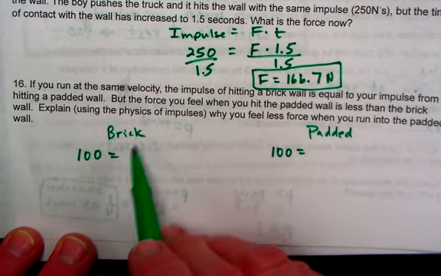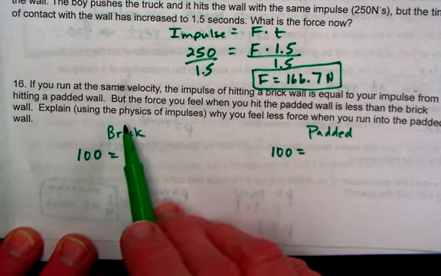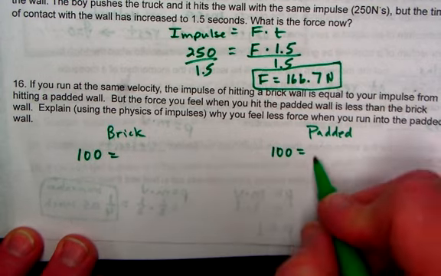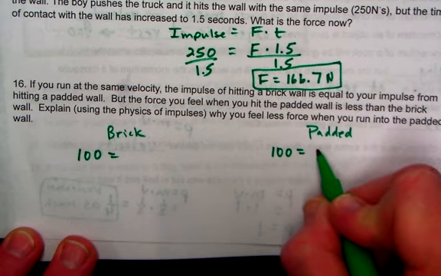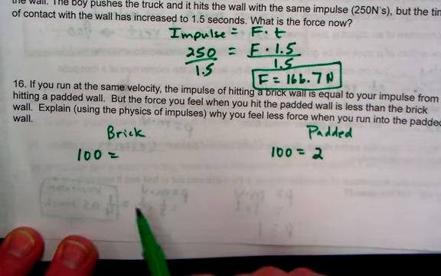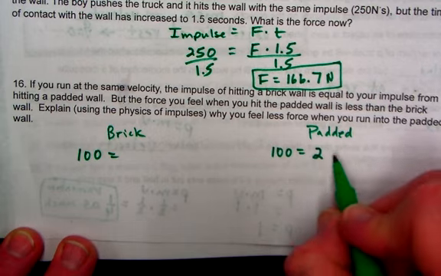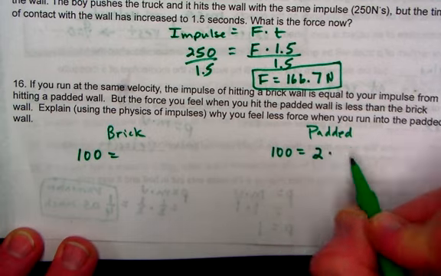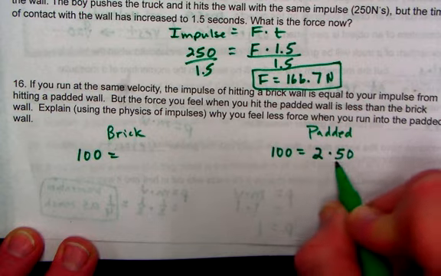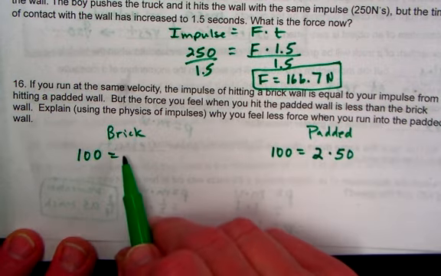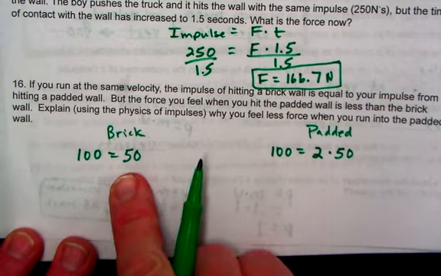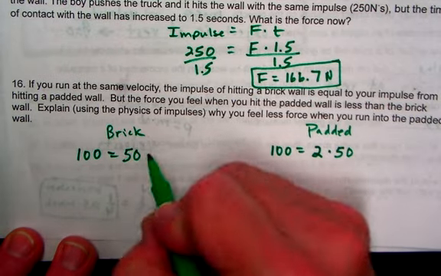All right, the force you feel when you hit the padded wall is less. So let's just make the force 2. What would the time have to be? And this is totally exaggerated, but it would have to be 50 seconds, right? But what if you hit a brick wall? You're going to feel a much bigger force. Let's say you feel a force of 50. How long does it take to stop in that case?